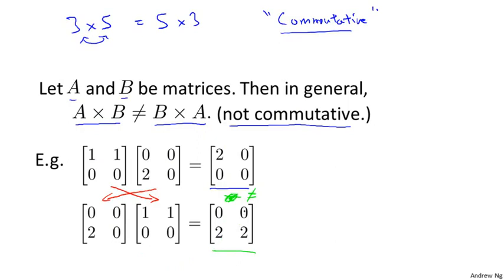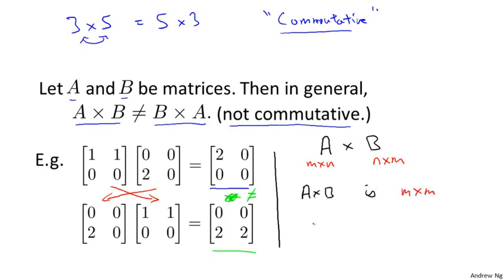So in fact, in general, if you have a matrix operation like A times B, if A is an m by n matrix and B is an n by m matrix, just as an example, then the matrix A times B is going to be an m by m matrix, whereas the matrix B times A is going to be an n by n matrix.